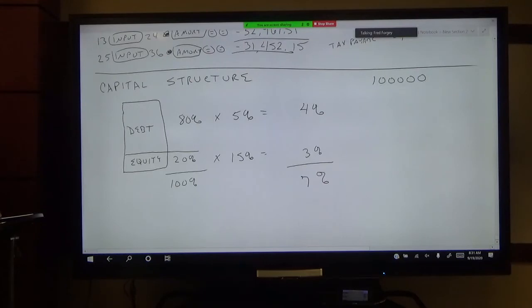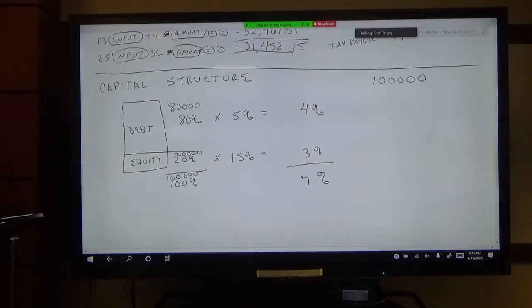That means that 80% of that, or $80,000, is coming from debt, 20%, or $20,000, oops, not $200,000, $20,000 coming from equity, and then overall, once again, $100,000 here.